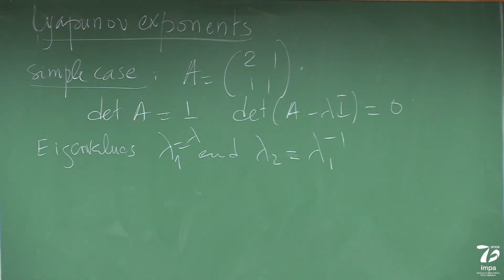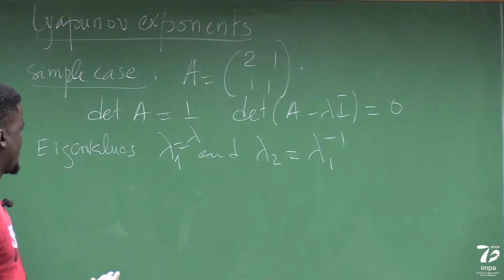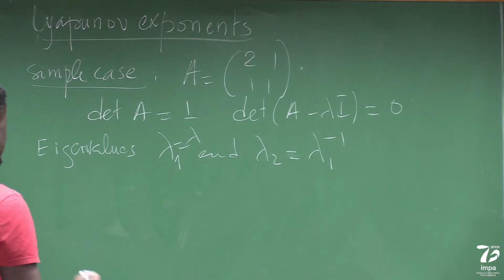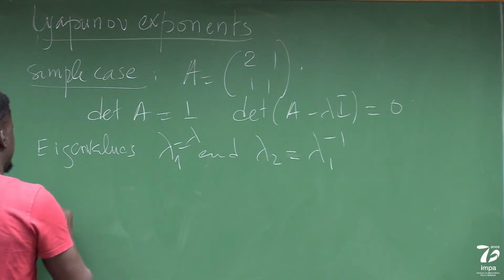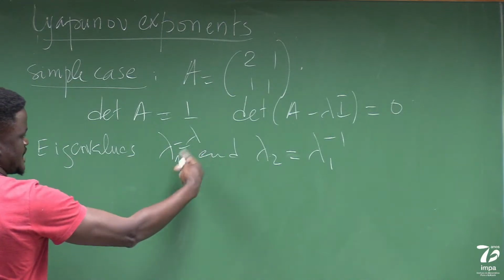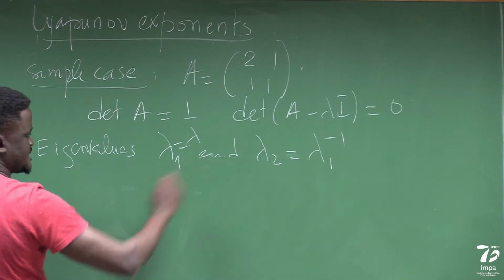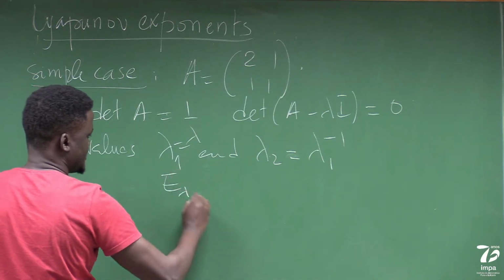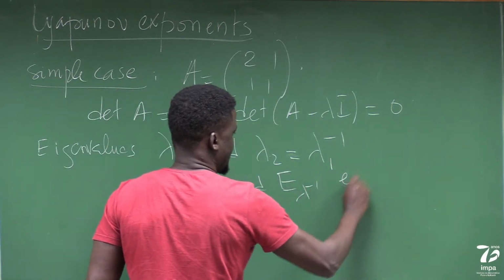But we can see this in another way. We can obtain these lambdas as limits. How do we do that? We have these eigenvalues, and they give eigenspaces, E lambda and E lambda minus 1.